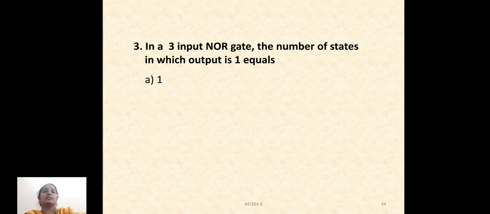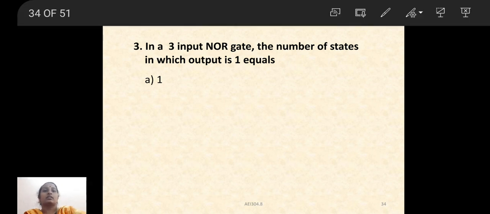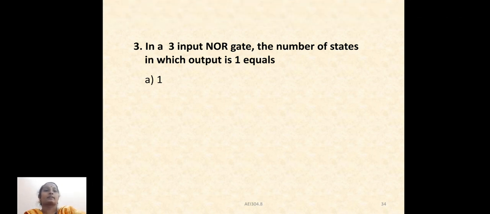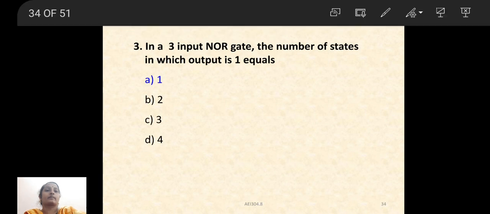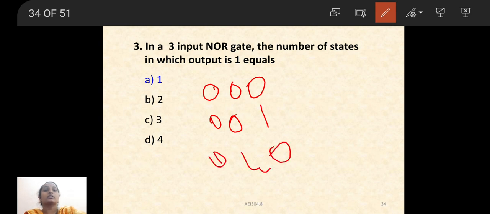See here, in a 3 input NOR gate, these are the combinations: 0 0 0, 0 0 1, 0 1 0, 0 1 1, and so on up to 1 1 1.